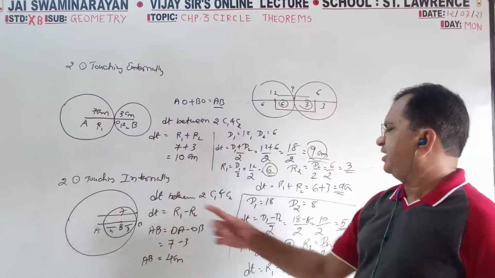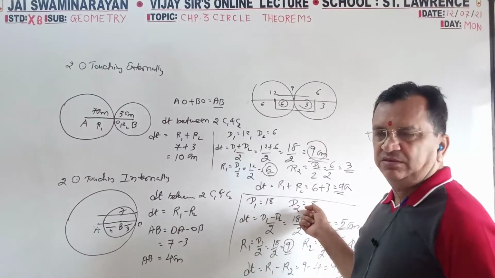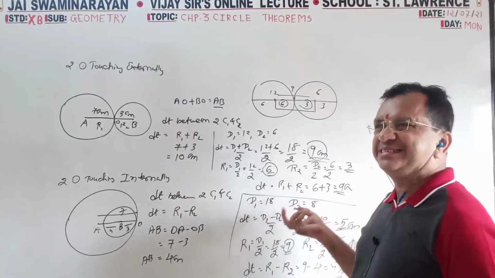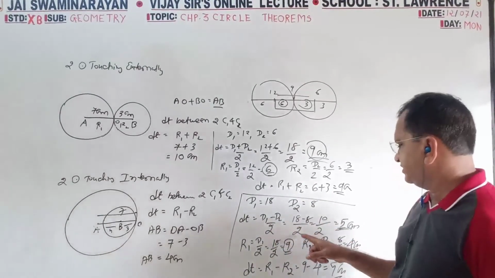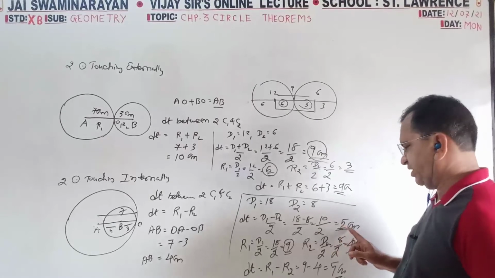Okay, for internal, when diameters are given, take the difference, then half. 18 minus 8 divided by 2, 10 by 2, it is 5.